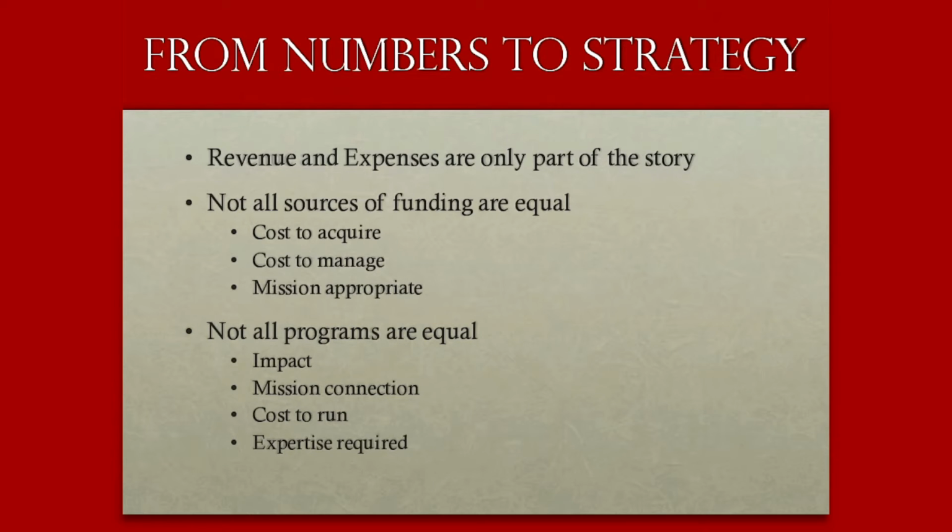Similarly, not all programs that nonprofits execute contribute to their impact or further their mission in the same way. And sometimes we see organizations experience what we call mission creep, where they're an after-school program focused on girls, but there's a government contract opportunity to offer a similar program for boys.